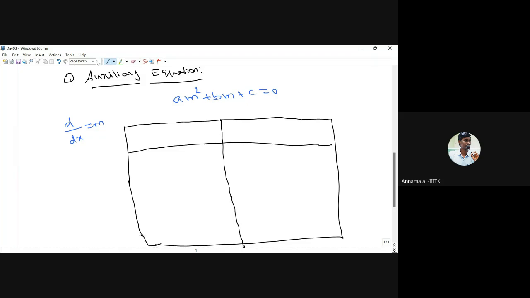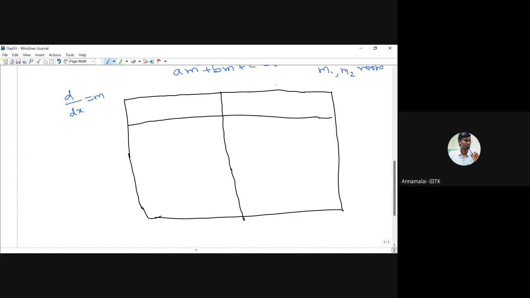Assume that m1, m2 are the roots of this auxiliary equation. Now we have the nature of the roots of the auxiliary equation and the corresponding complementary function.